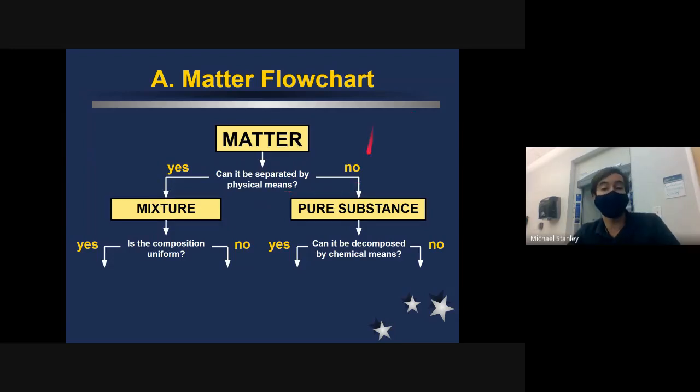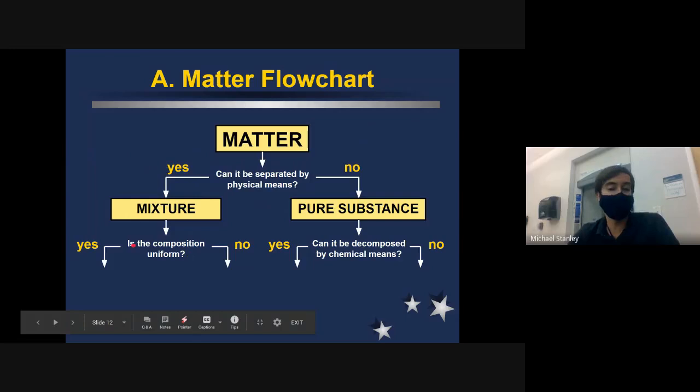If we can, if there are lots of different types of particles present that we could separate from each other, then we have a mixture.